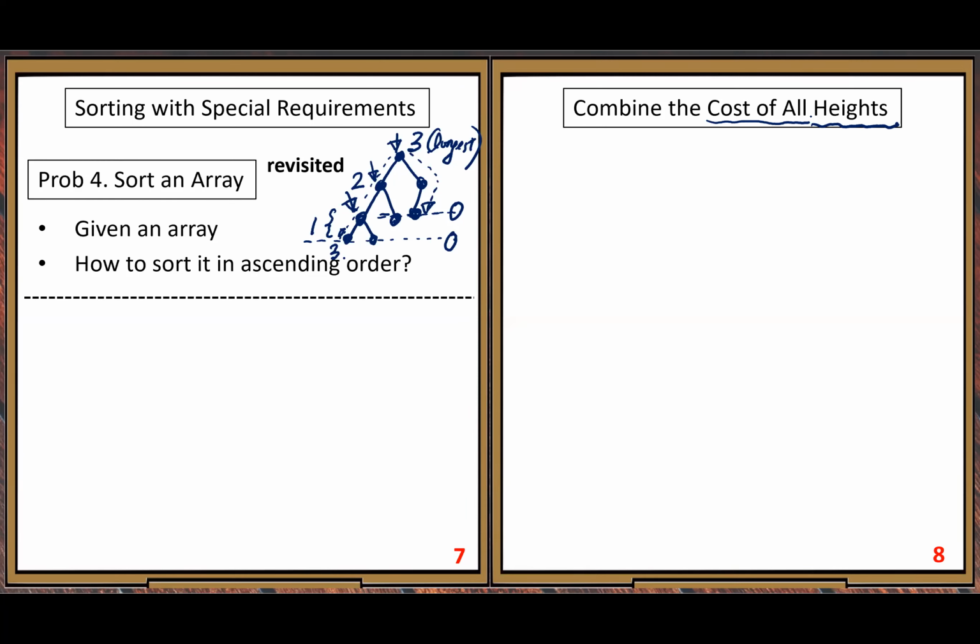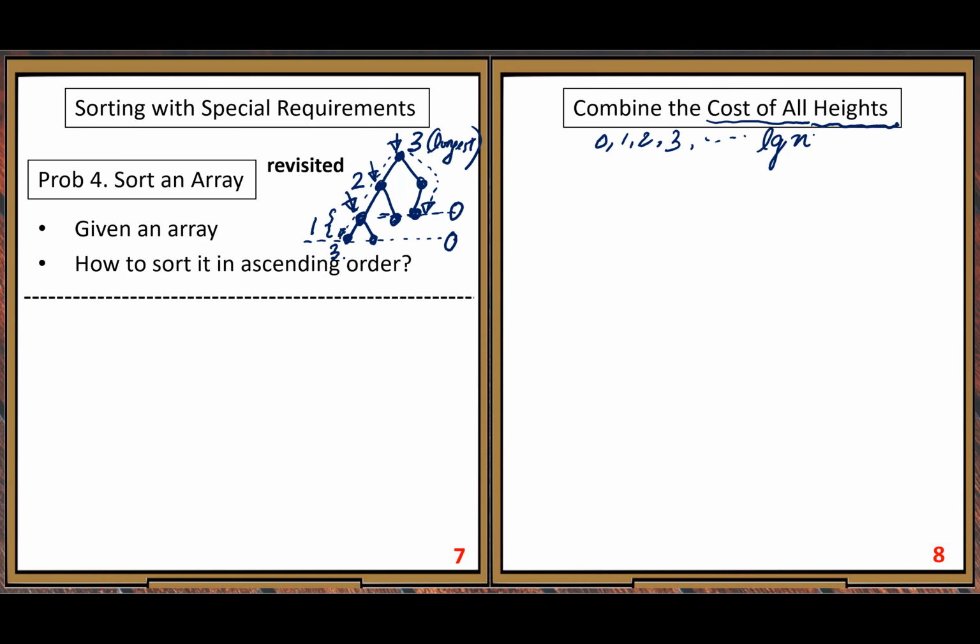What do you mean by the cost of all heights? After we define the heights, we may have 0, 1, 2, 3, one by one, and so on. The highest, at the top, the root, is log base 2 of n.